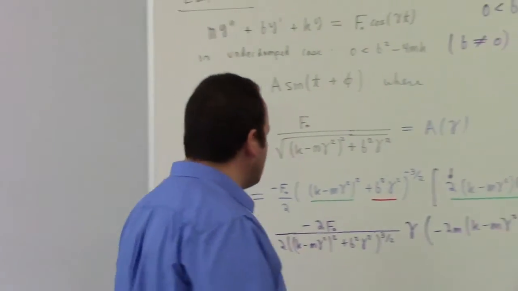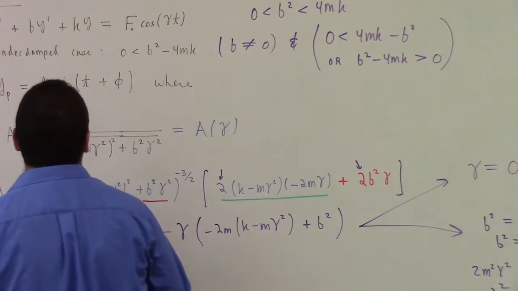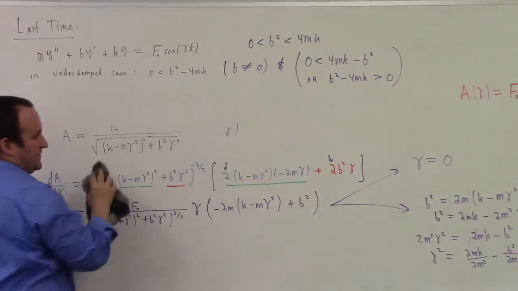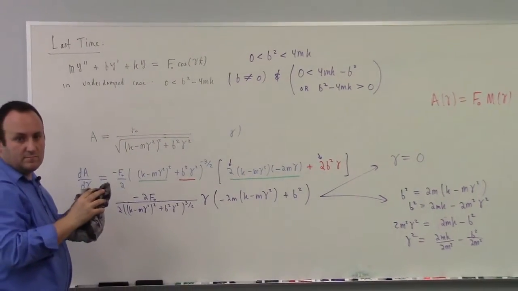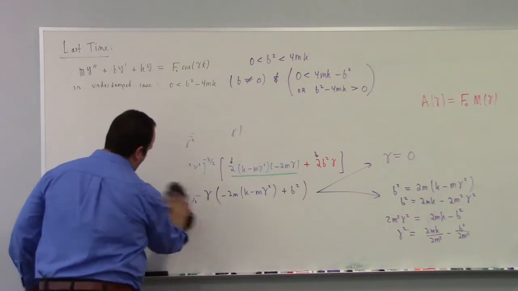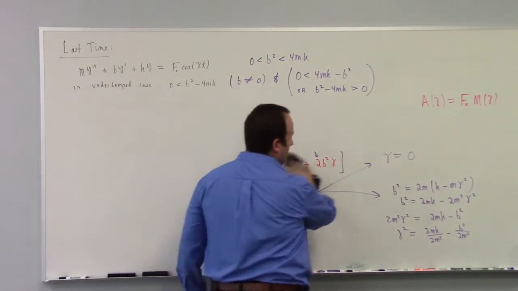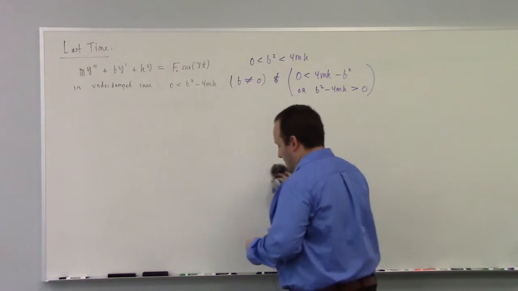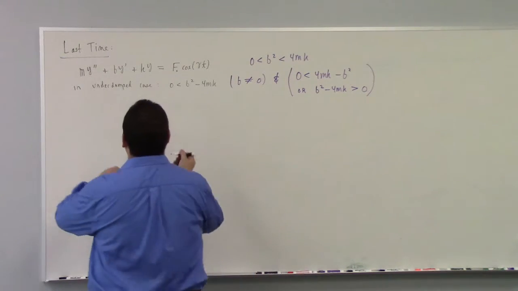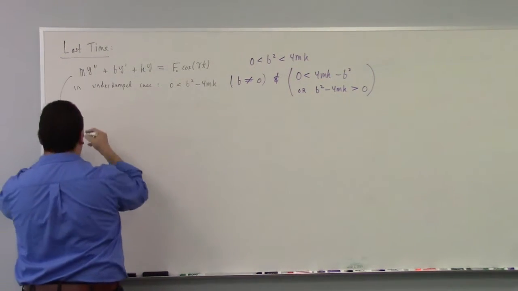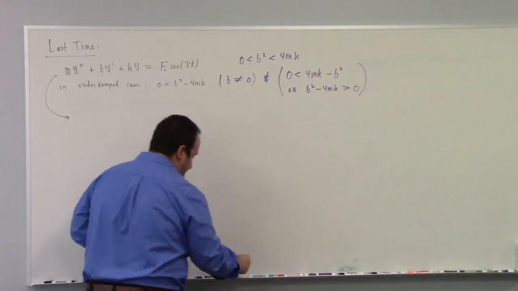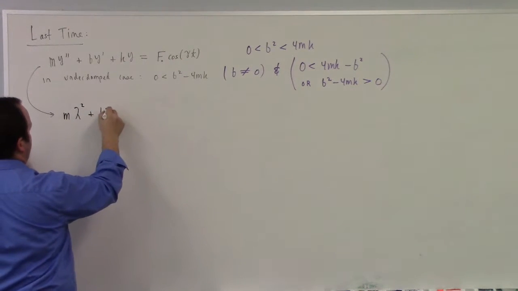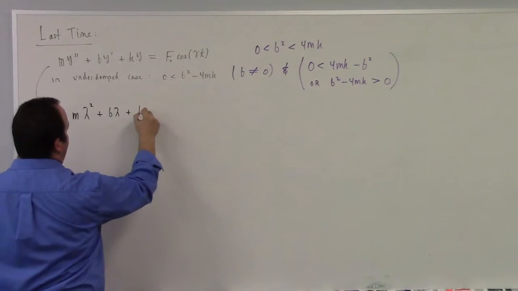So let's go back to talking about the different cases here. Any questions about this? Okay, so if you look at this, we have the characteristic equation: m lambda squared plus b lambda plus k equals 0.